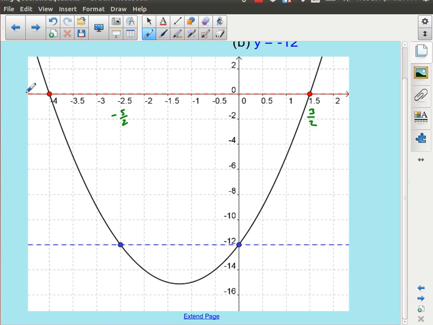So that's another way to think about this. You've got your parabola, and then when you choose to solve for a particular y value, you're basically saying, where does this parabola cross that y value?